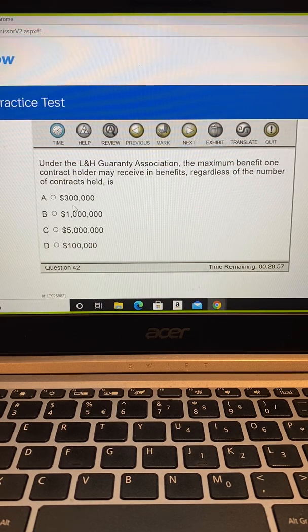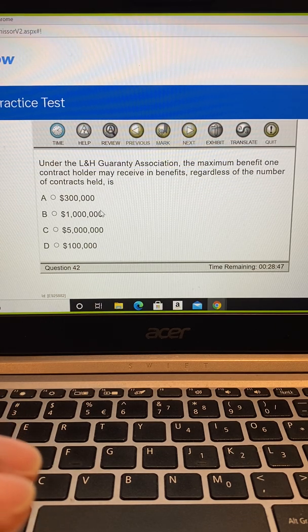It's $300,000 for one contract, but regardless of the number of contracts, it's $1 million. So if you got 10 policies, $300,000 each, that's $3 million, they'll pay you up to $1 million. But if you got one policy that's $500,000, they're just gonna pay you up to $300,000 on that one. Okay. So it's $300,000 per policy, up to $1 million, regardless of the number of policies.